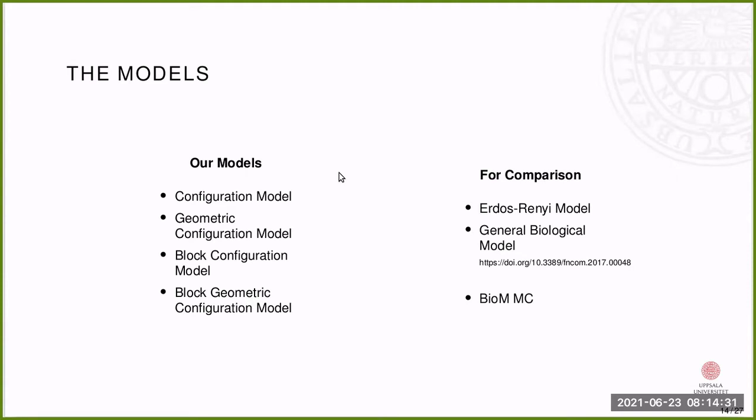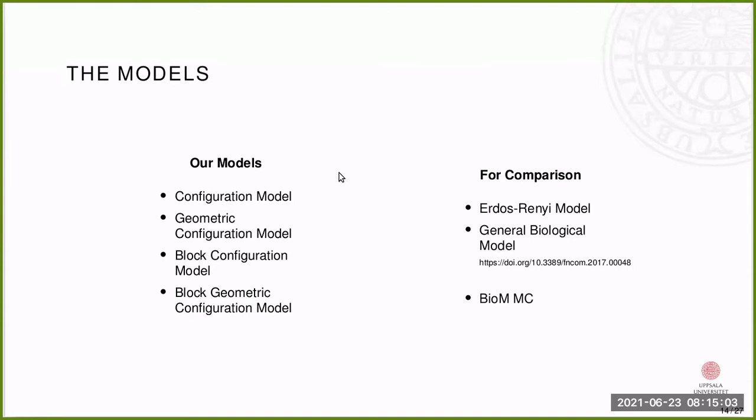On 2 of the models, we have a geometric constraint, and on 2 of them we have a block constraint, which we discussed a moment ago. We wanted to compare these to 2 models and the microconnectome. So we wanted to compare them to the Erdos-Renyi model, whereby we randomly place a connection with equal probability throughout the entire connectome.